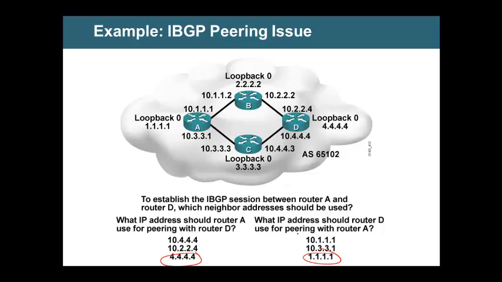On router A, to form neighbor with D, I can form neighbor with this address of D, this address of D, this address of D. Why are you saying this is the address that we should use? Why not this? Why not this?